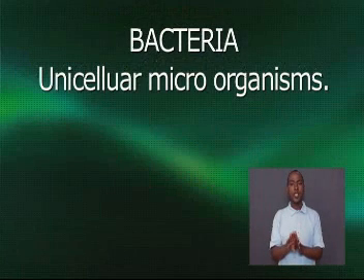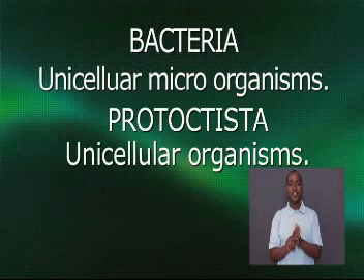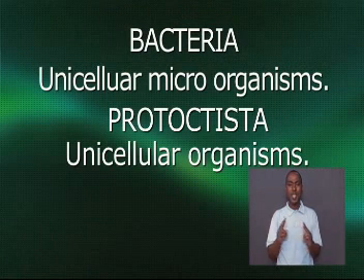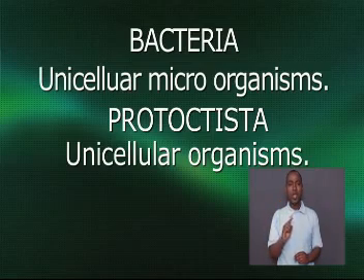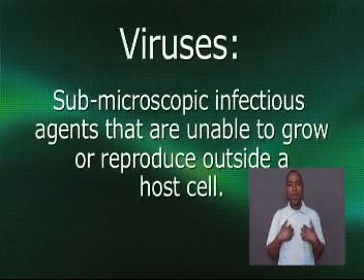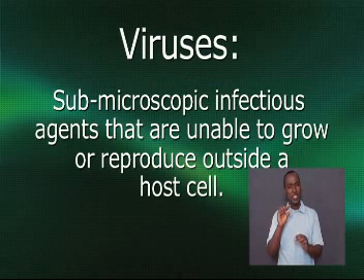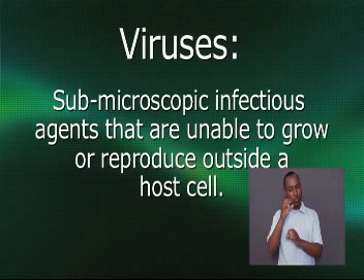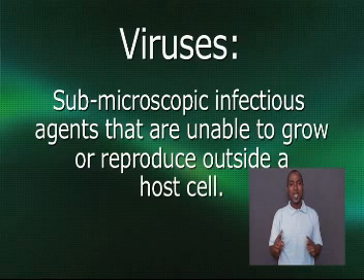Bacteria and Protoctista are unicellular organisms that are smaller than the smallest plant and animal cells. Viruses are submicroscopic infectious agents that are unable to grow or reproduce outside a host cell. They are even smaller than bacteria.